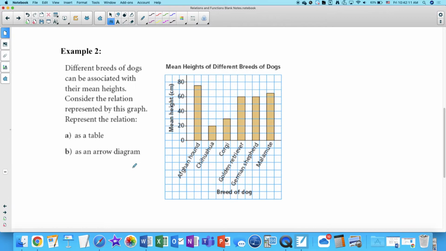Firstly, what we typically look for is only one of the variables is numeric. And then the other variable is usually a type of category, right? So if you think of the categories as different breeds of dogs, and then the numeric piece is their height, this is when we would use a bar graph.